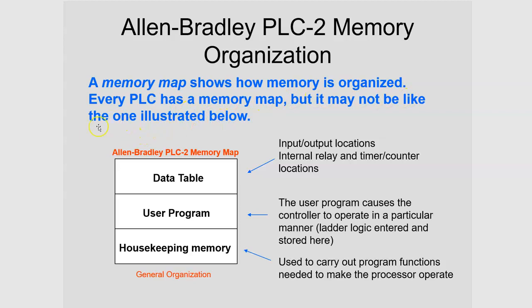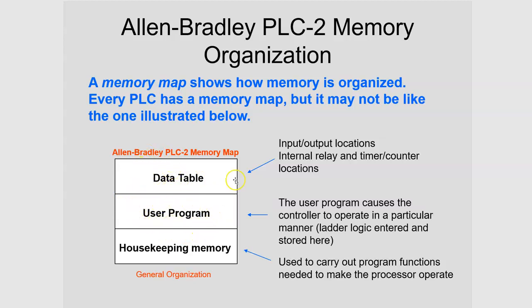For our class, we're going to think of memory like this. We'll think of memory as having three main sections: the data table section, the user program section, and then the housekeeping memory, which runs in the background, so we never interact with that. But you as a user, the user program causes the controller to operate in a particular manner. This is the logic that you enter.